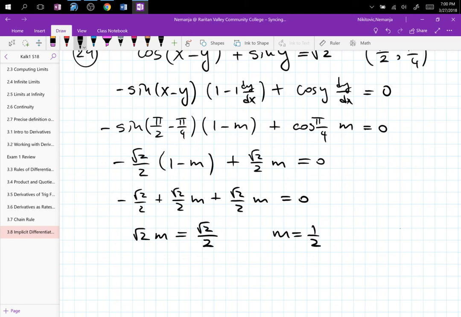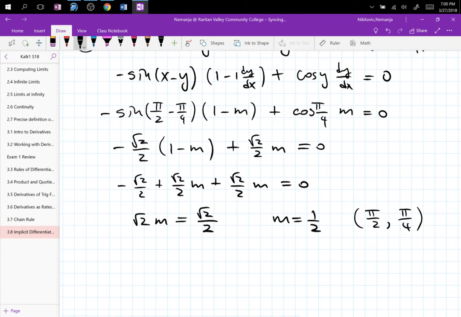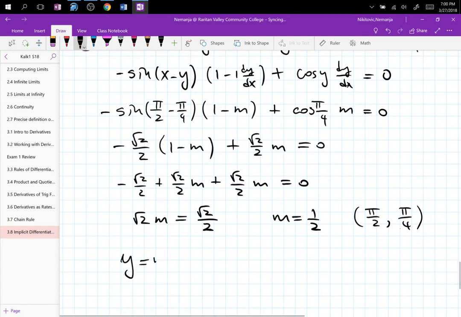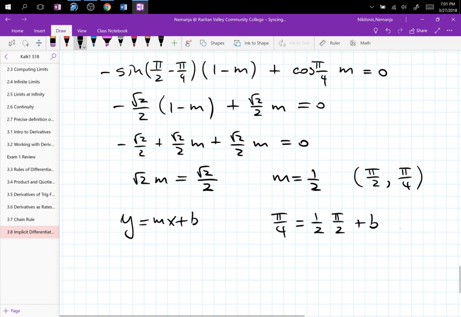So now I have m is a half, and I have the point (pi over 2, pi over 4). Plug all of that into y equals mx plus b. So y is pi over 4, m is 1/2, x is pi over 2, plus b, so b is 0. Our tangent line is y equals 1/2 x.